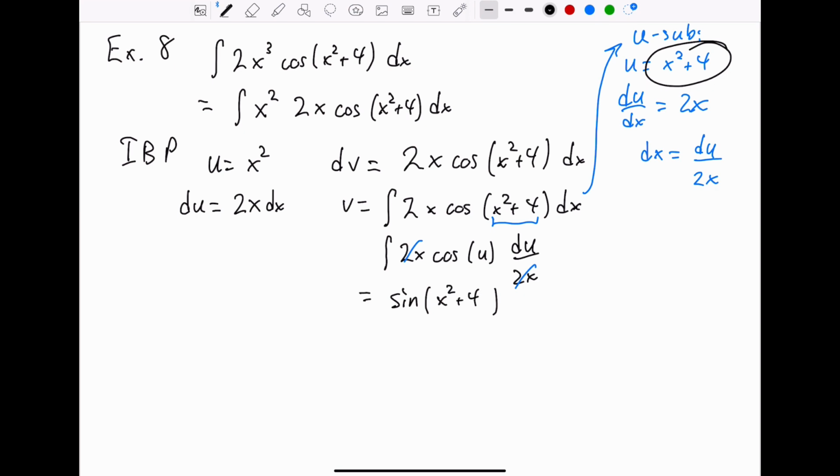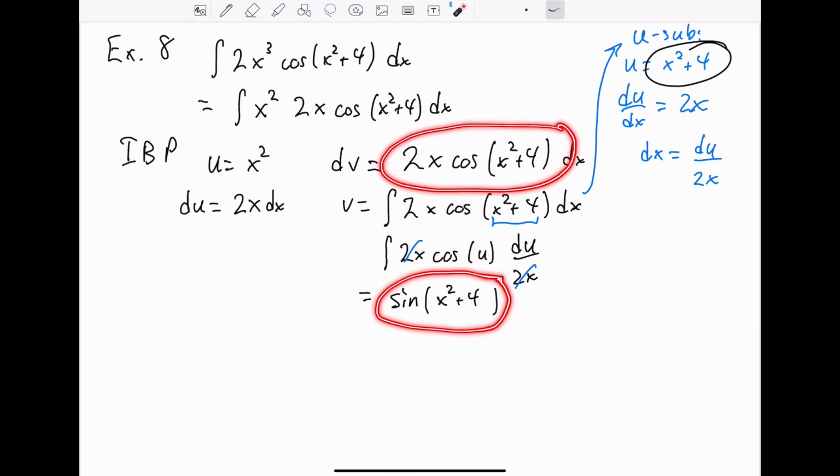That was pretty involved. That's just the first step for the integration by parts on this problem. But we found that v, after using integration by substitution, equals sine of x squared plus 4. And if we think through checking this, if you take the derivative of sine of x squared plus 4, using the chain rule, you'll get 2x times cosine of x squared plus 4.